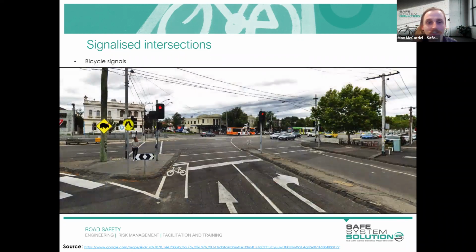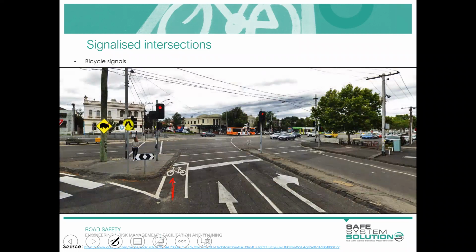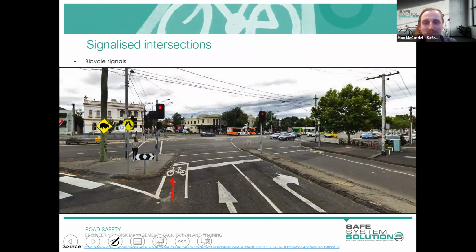So this is an intersection in Melbourne, with a small on-road head start box for cyclists. But most importantly, it's not activated at the moment, but adjacent to the signal phase, there's another individual signal lantern, and that is just a circle with a B in it, the bicycle symbol.